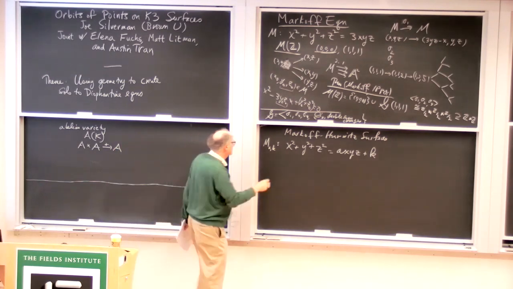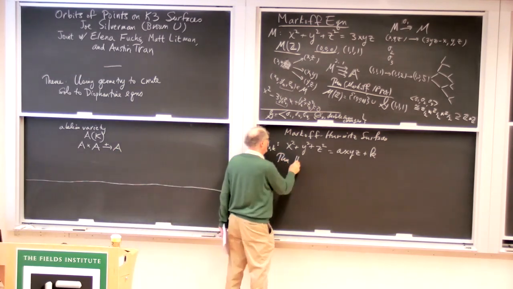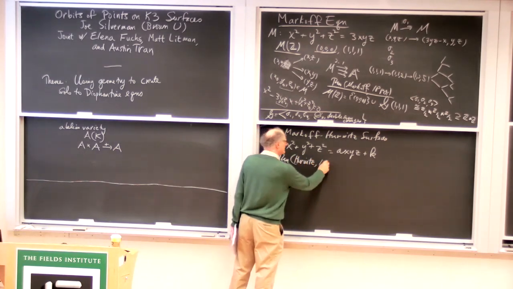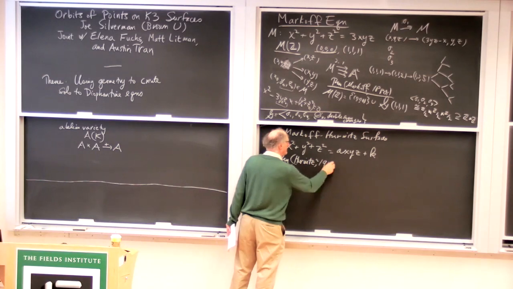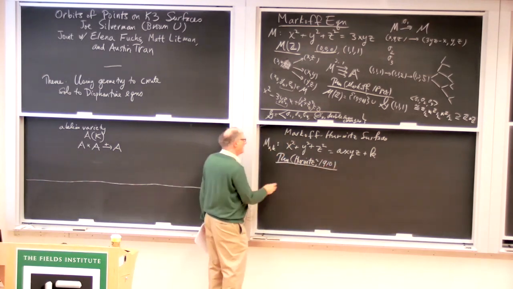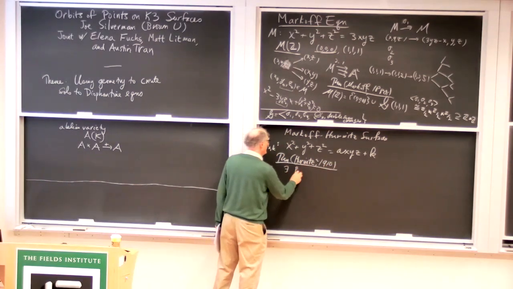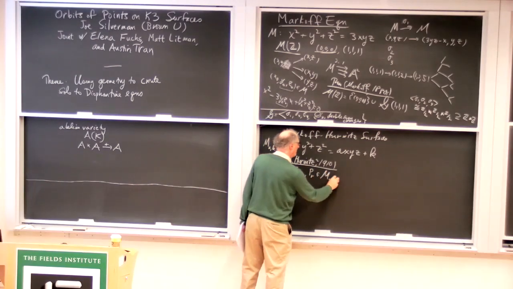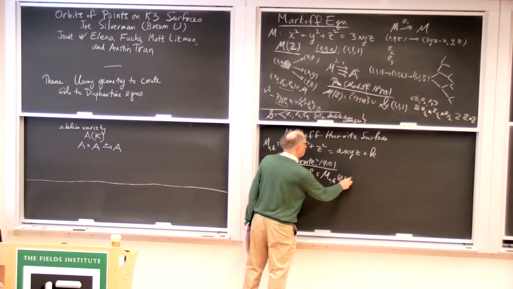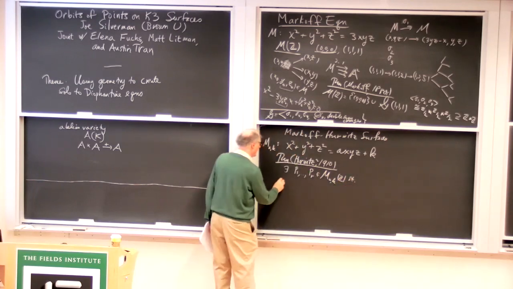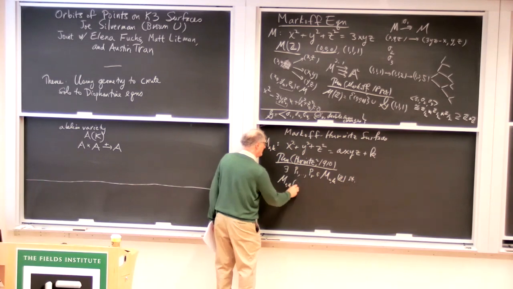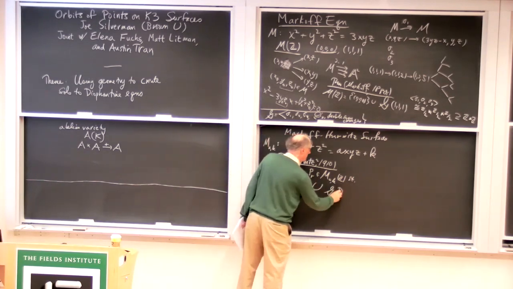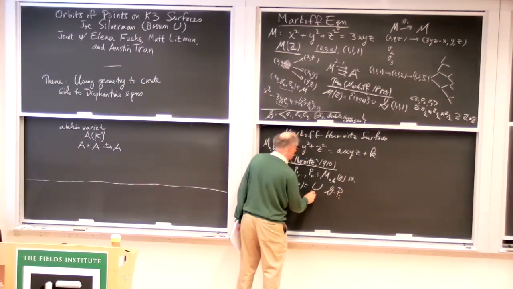But what Hurwitz proved, roughly in 1910, I guess, is that there exists a finite set of solutions such that the entire set is given by these finitely many orbits.